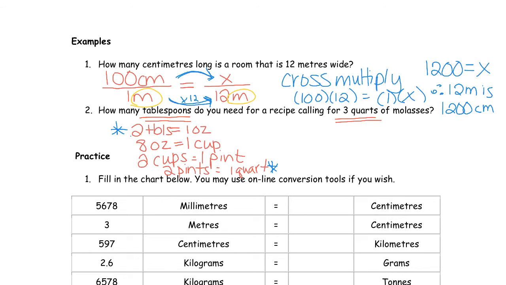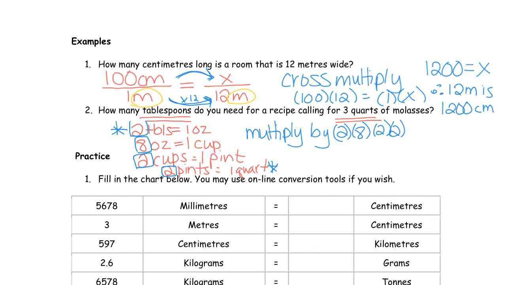So if I have 2 tablespoons in 1 ounce, then I would multiply that by 8 to get a cup. Then I would multiply that by 2 to get pints, and then I would multiply it by another 2 to get quarts. So in fact, I would be multiplying by 2 times 8 times 2 times 2.